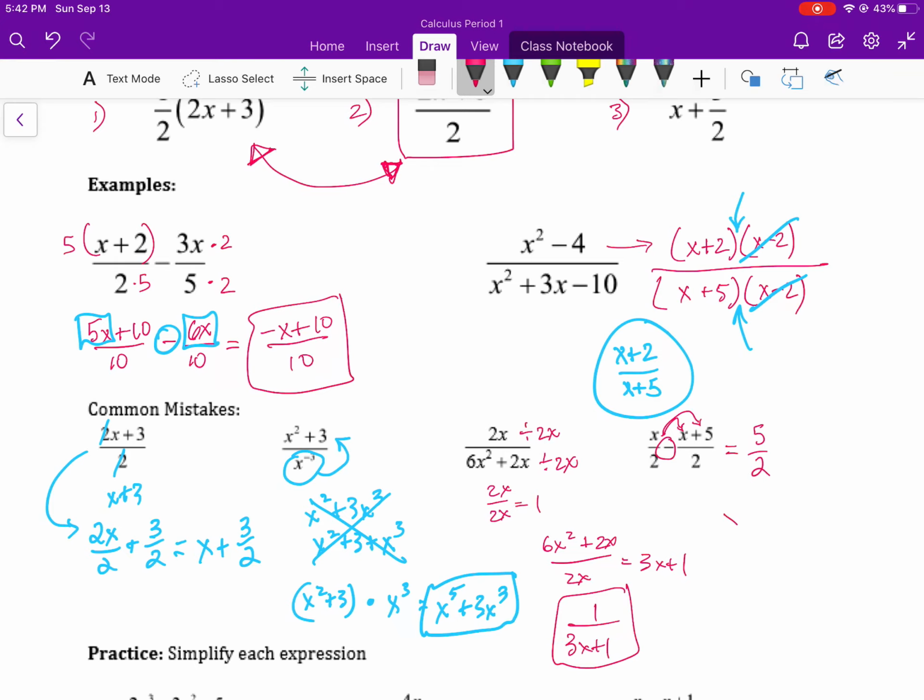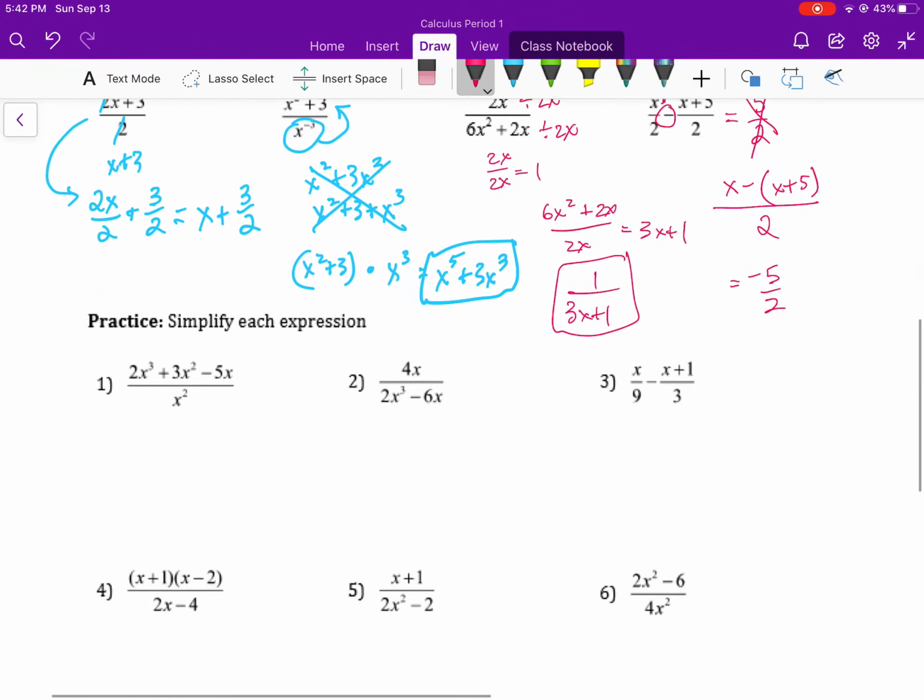So we could think of this problem as x minus x plus 5 using parentheses to remind ourselves that we're subtracting the entire expression, x plus 5, not just the x because it happens to come first. This should in fact give us an answer of negative 5 halves. That negative sign is a very common mistake in a problem like this.